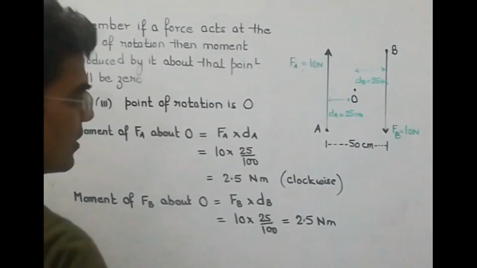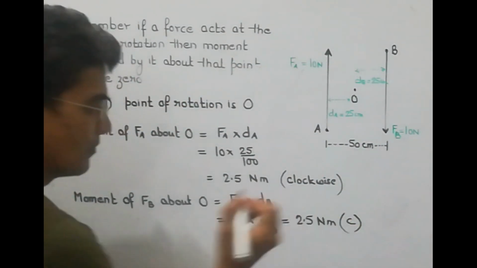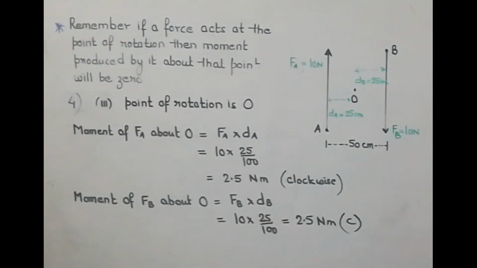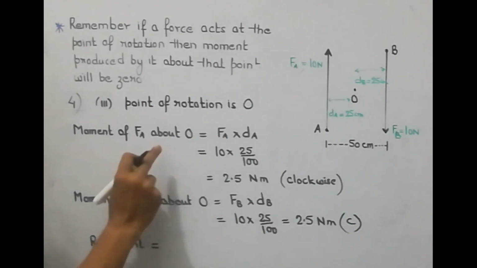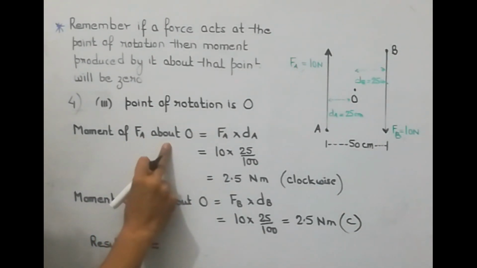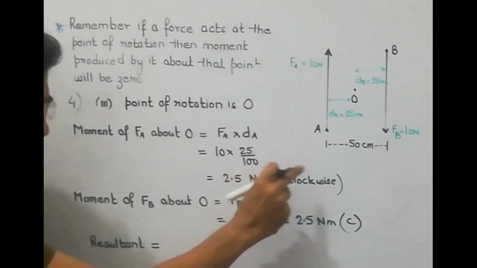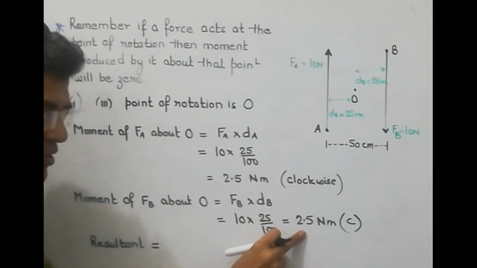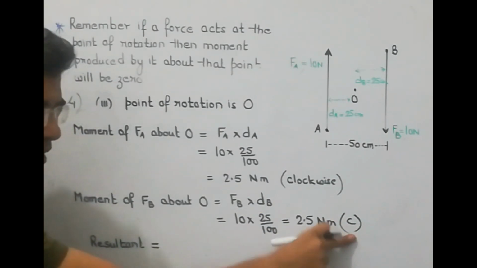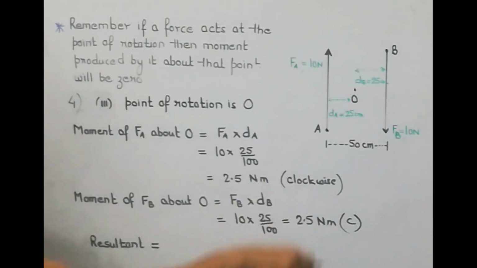It is also producing clockwise movement. Now we have to find the resultant. So moment produced by FA is 2.5 clockwise. This one is also 2.5 Newton meter clockwise. Both are clockwise, so they will be added up.